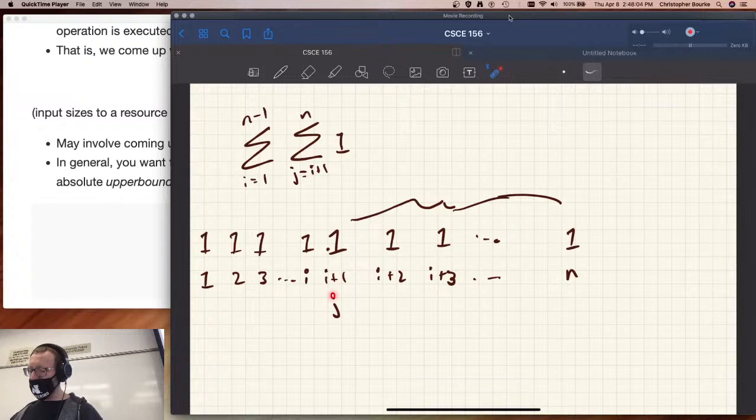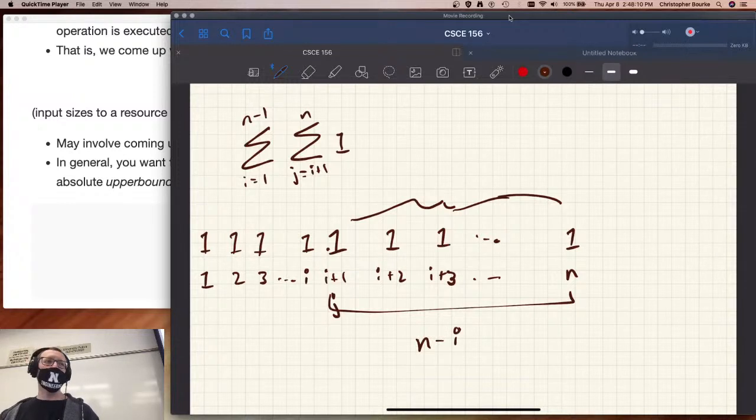So therefore, how many are left over here? n minus i. We started at i plus 1, if that's what you mean. So this simplifies to the summation of i running from 1 up to n minus 1 of n minus i.